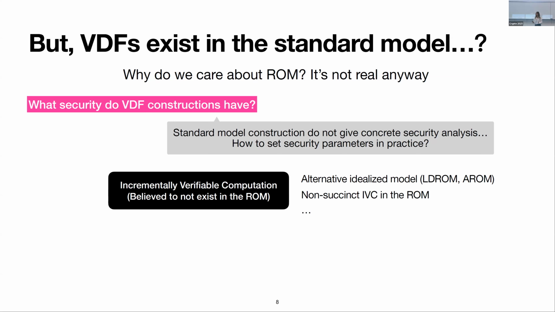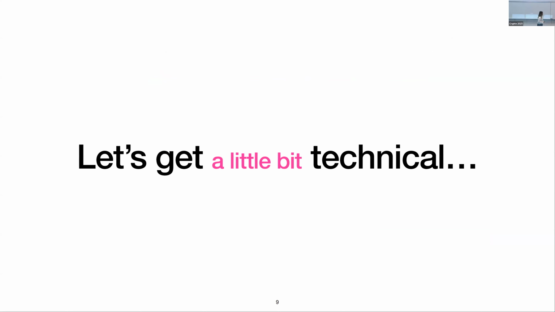So there are a lot of ways to get around this kind of random oracle impossibility, but our result suggests that maybe we have to adapt similar approaches for VDFs. Okay, so hopefully by now I've convinced you that the result is interesting and it's useful.